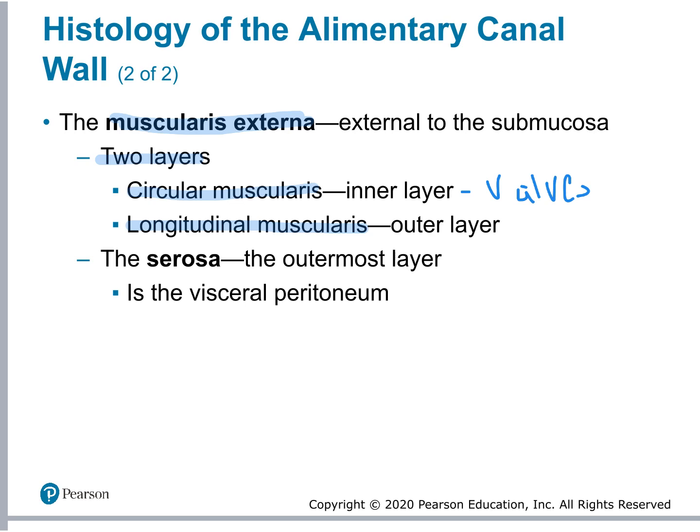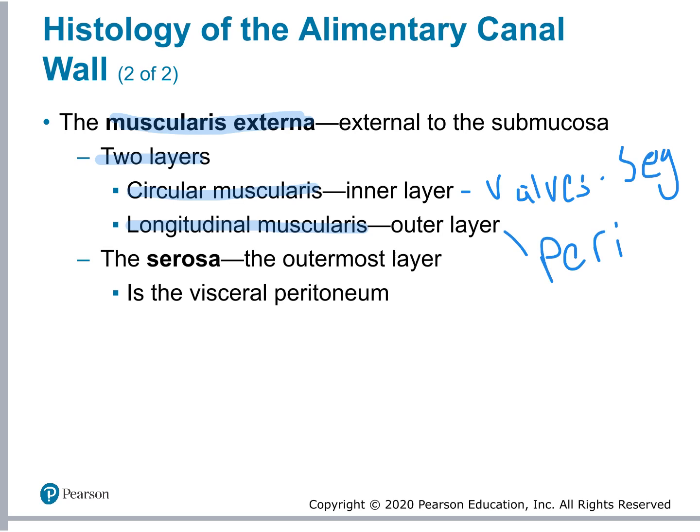The circular muscles are responsible for segmentation. I'm just going to put seg. So that mixing motion is due to relaxing and contracting different parts of the circular muscle. The longitudinal muscle is responsible for peristalsis. I'm just going to put peri. But it is responsible for the forward moving propulsion of peristalsis.